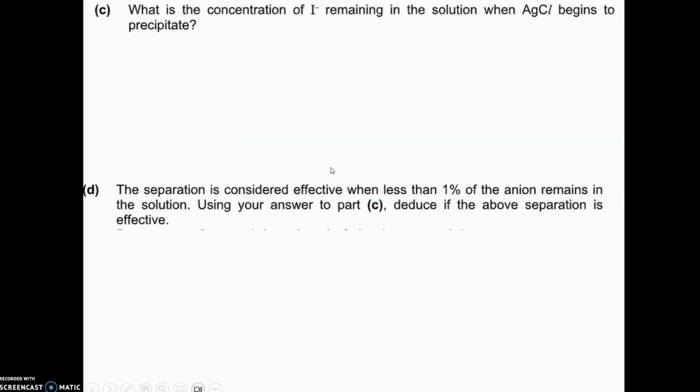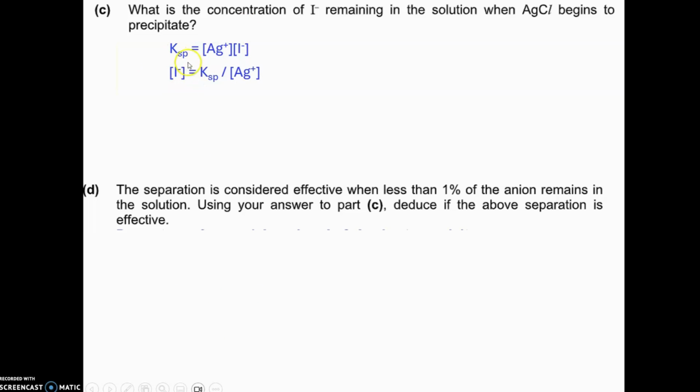Next, part C. What is the concentration of iodide ions remaining in solution when AgCl begins to precipitate? So over here, the solubility product of AgI is the concentration of Ag plus multiplied by concentration of I minus.